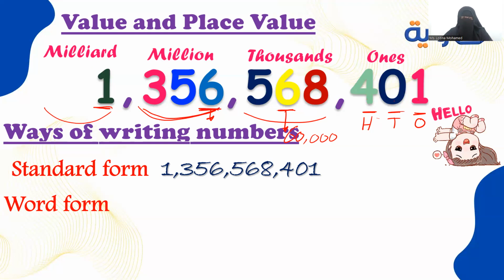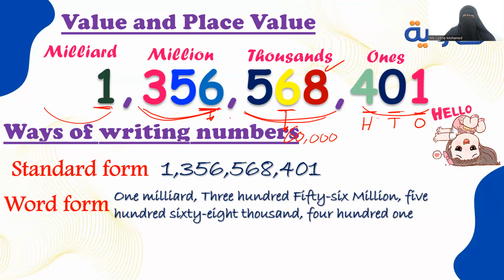Million, because it's in the million family. After this, 568,000. After this, 401. Okay, this is the poorest family. So together again, we can say 1,356,568,401. And this is the word form.